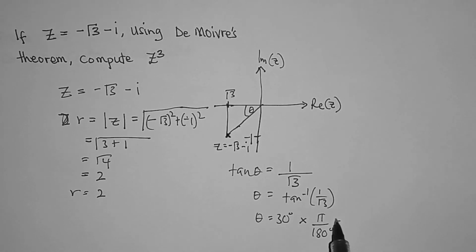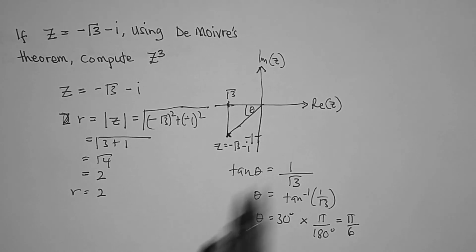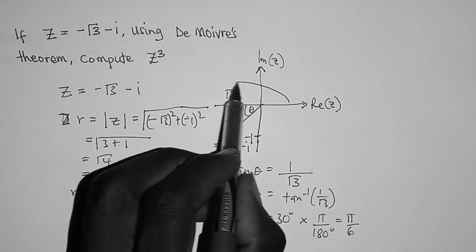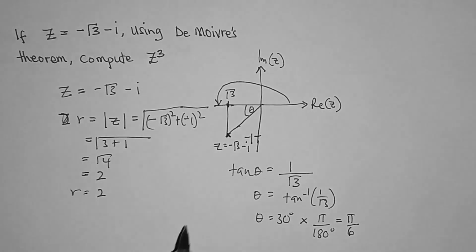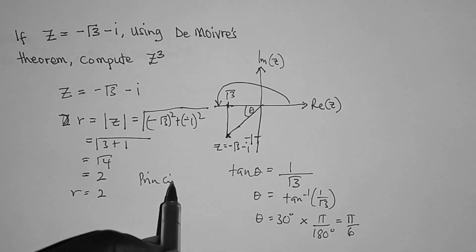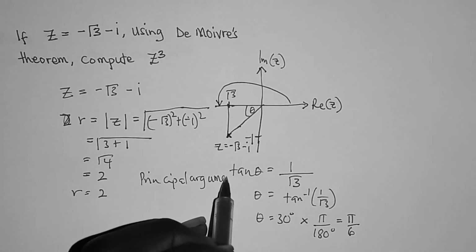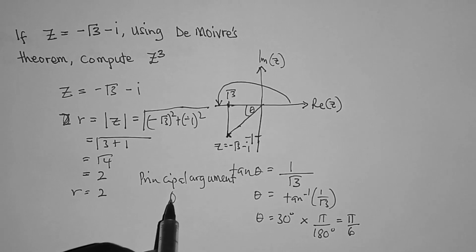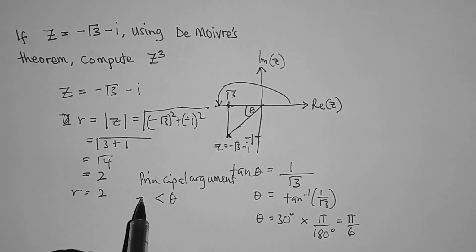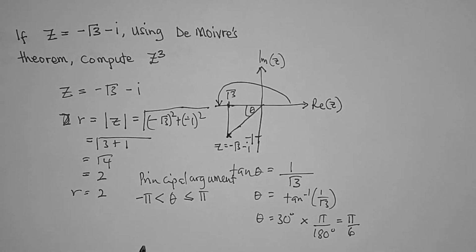And this is equal to pi over 6. However, the angle starts from here to this place. But because of the principal argument, remember that we established that the principal argument theta is greater than minus pi, but less than or equal to pi.